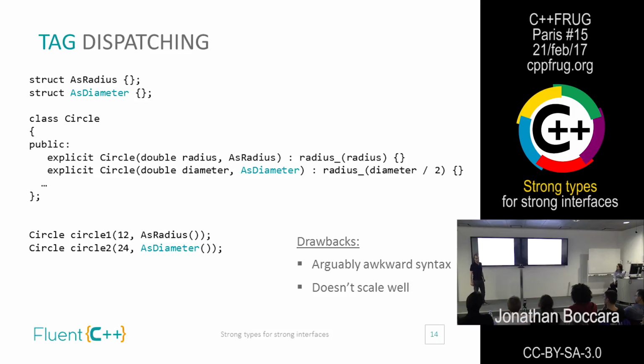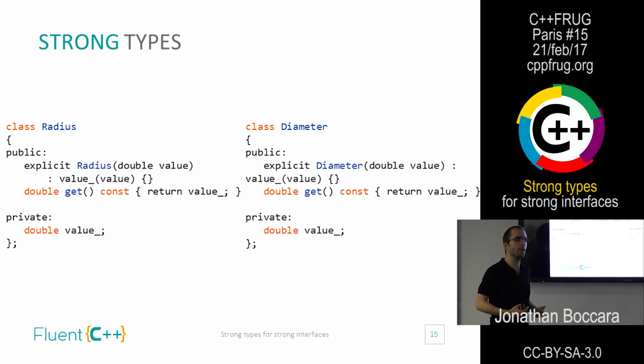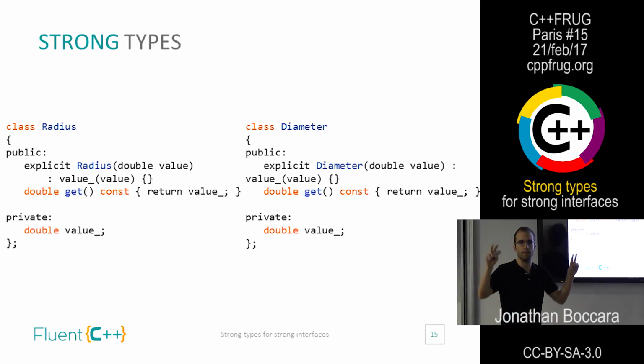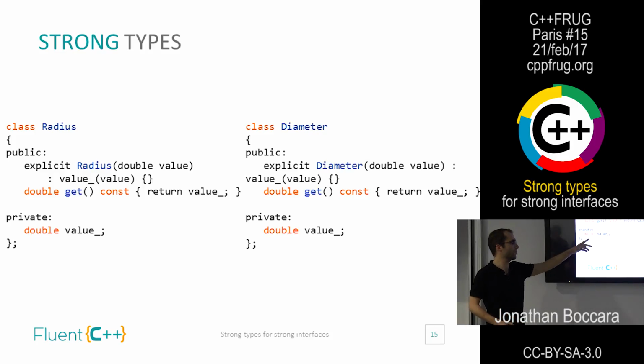Let's move to strong types. The idea behind strong types is to create a new type that's meant to be the underlying type. I'm creating this new radius type that's meant to mean a double, although it says that it's not just a double, it's a radius.